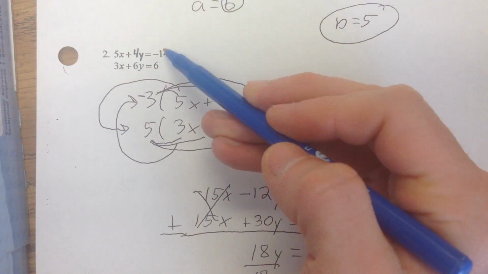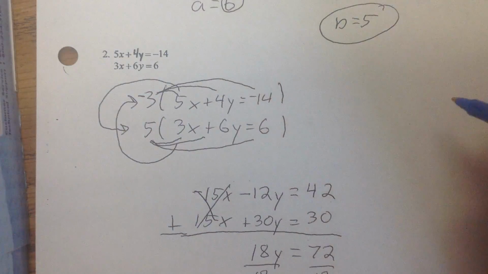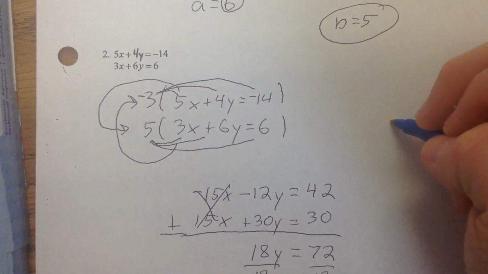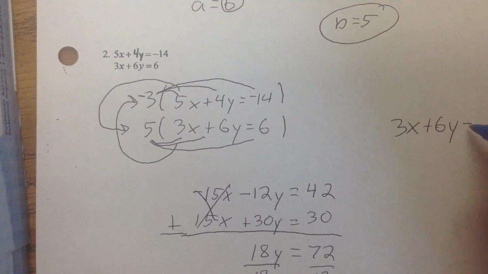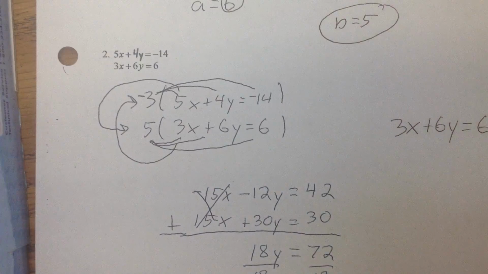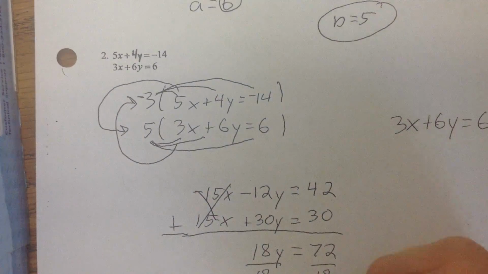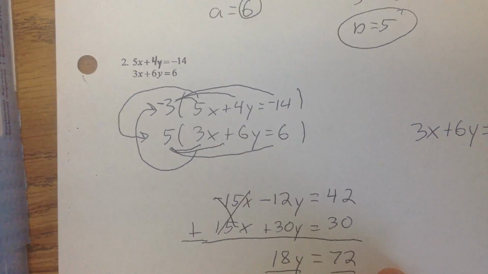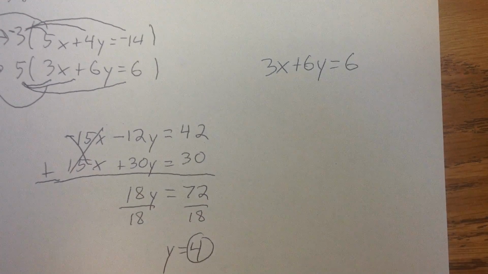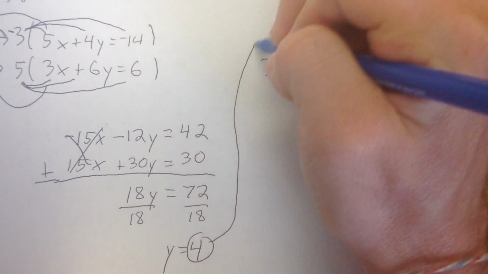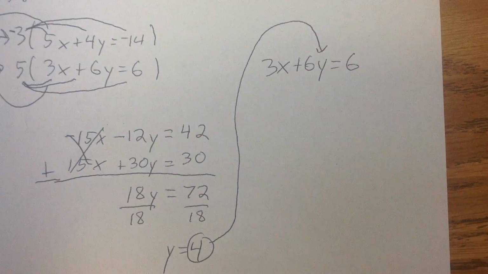Again, doesn't matter which one you pick. I'll go with the bottom one this time. 3x plus 6y equals 6. That's my equation that I'm looking at. And then this 4 is going to get plugged into that equation. So this 4 goes in for the y.